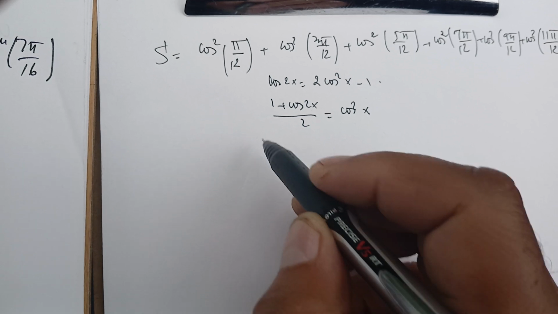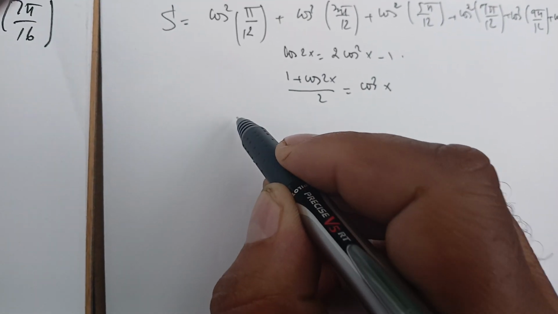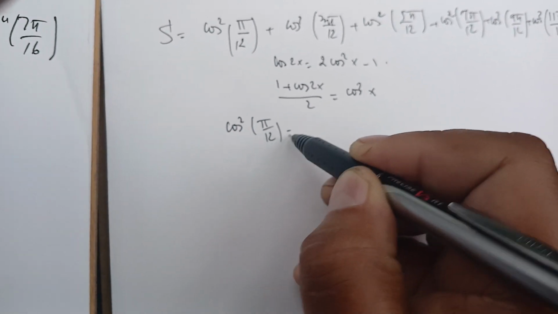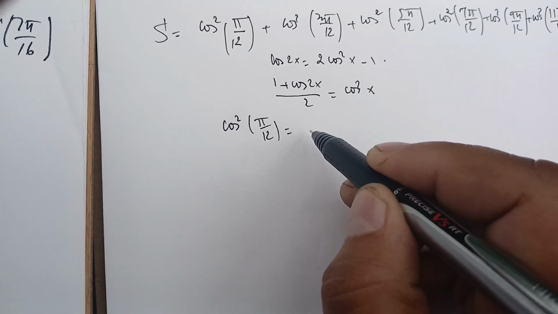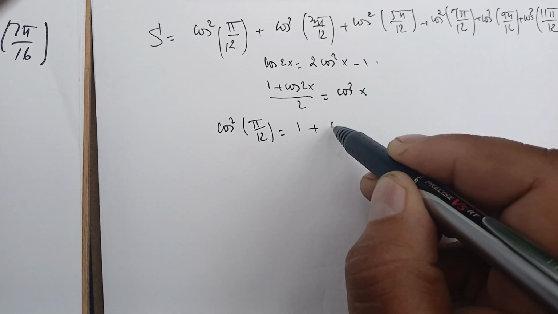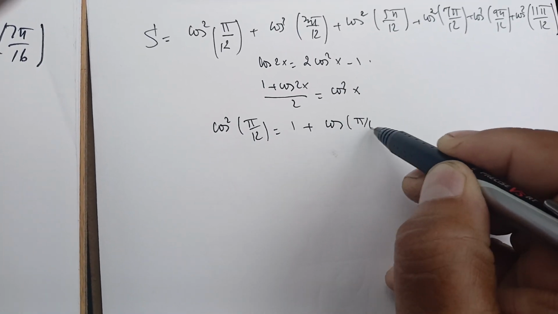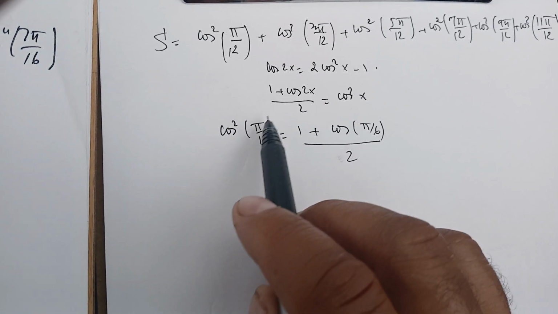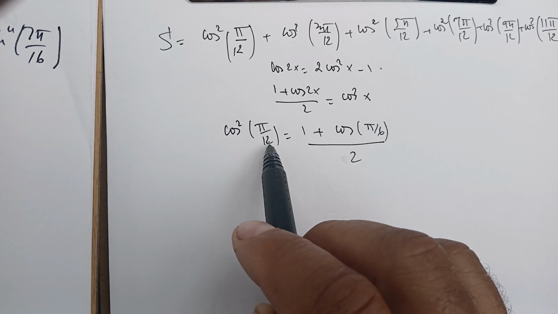Let's do it exactly, starting with this one. The cosine squared of pi over 12 is, according to this formula, 1 plus cosine of pi over 6, over 2, because we multiply the angle by 2, therefore we divide here.